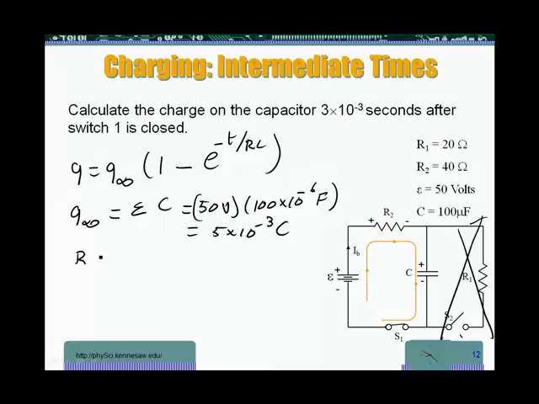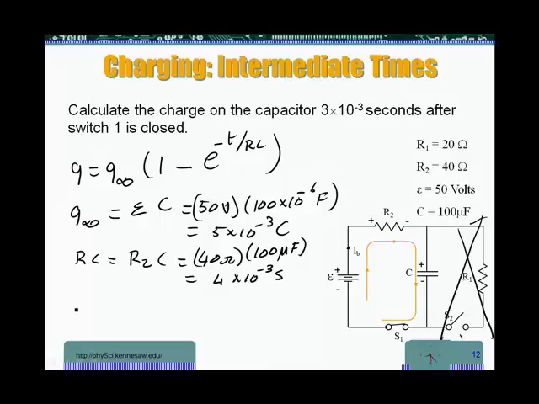Okay, my RC, the resistance that's going to be relevant in this case, is R2. So it's going to be R2 times C, which is in this case 40 ohms times 100 microfarad. So it's going to be 4 × 10⁻³ seconds.